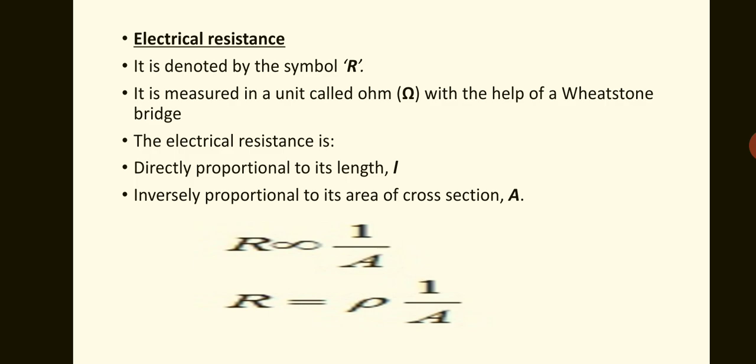So in symbolic language, R is proportional to L and R is proportional to 1 upon A. If we combine these two, we get R is proportional to L upon A, or R is equal to rho into L upon A, where rho is a constant of proportionality which is called specific resistance.